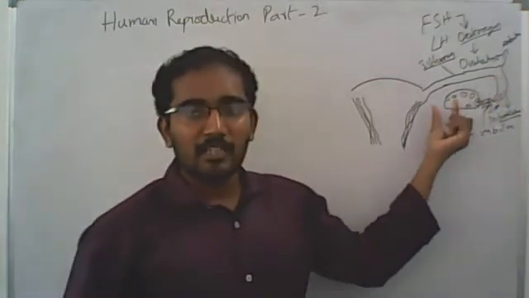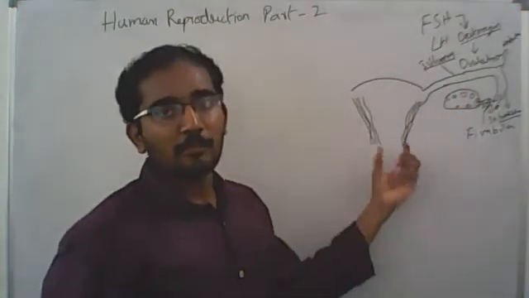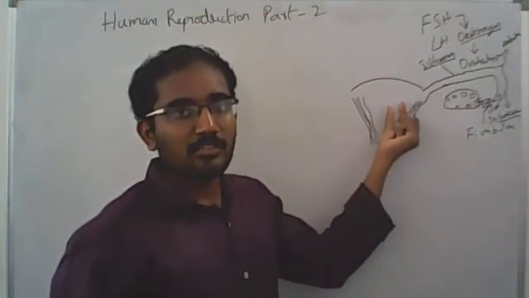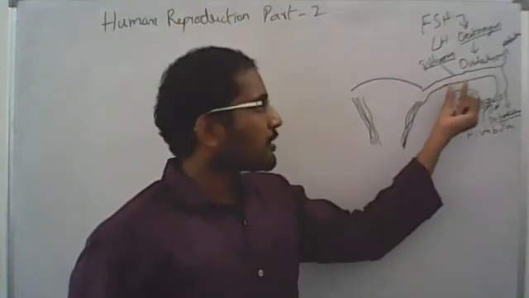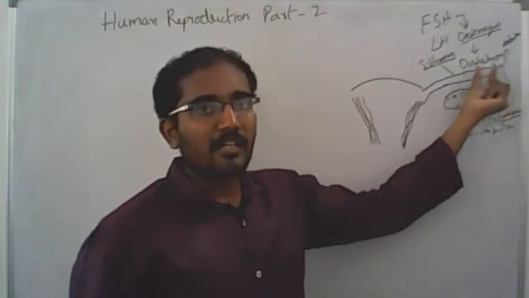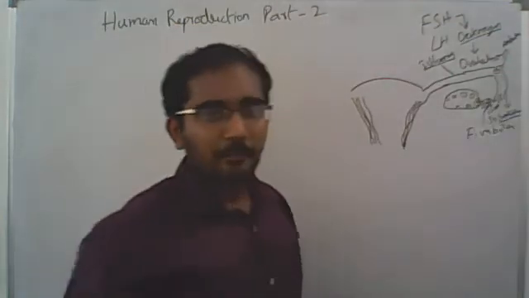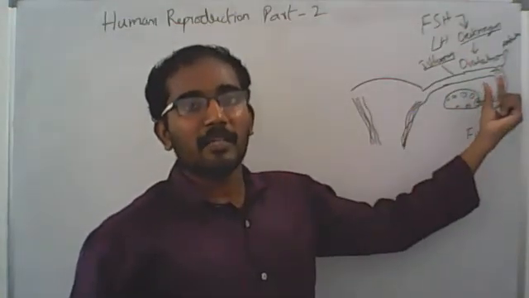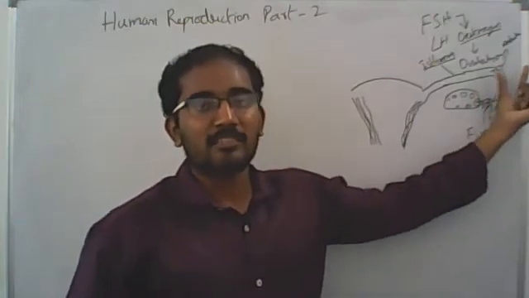If during this time the sperm from the male enters through the vaginal pathway into the uterine cavity and then moves into the fallopian tube, and reaches the ampullary region at the same time as the egg, they may get fertilized. If the sperm and the ovum meet at the ampulla, they may get fertilized and form a zygote cell.